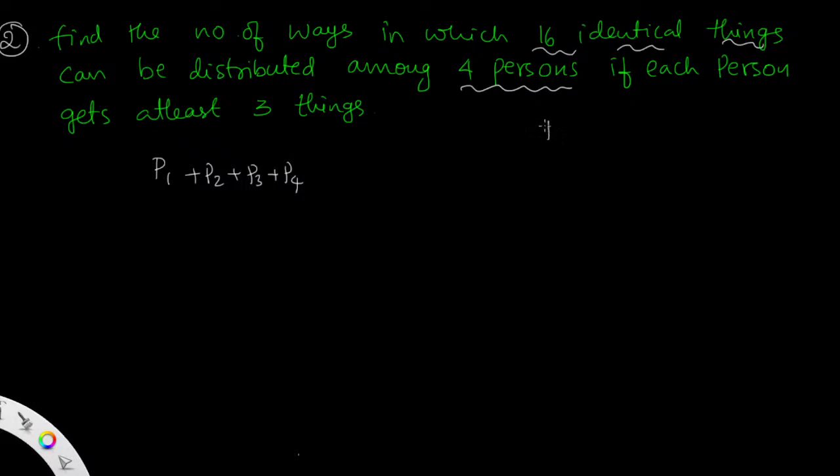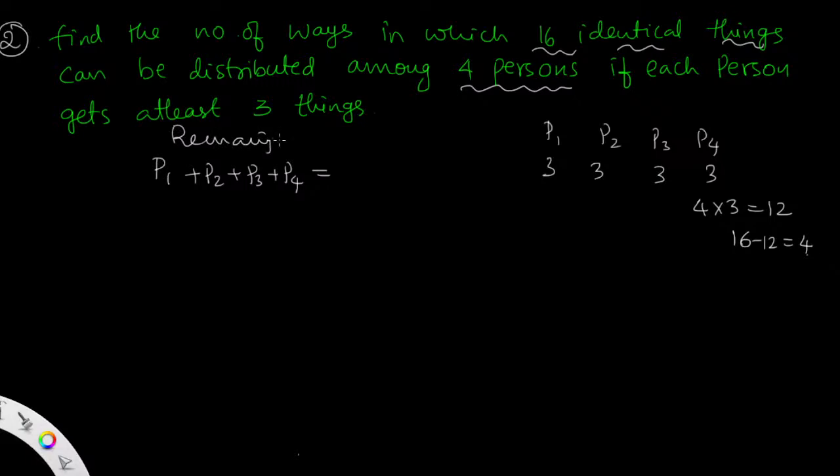Each person gets at least 3, meaning 3 rupees again. The money given is 4 into 3, 12. We have 16. 16 minus 12 is nothing but 4. Therefore, the remaining is equal to 4. Therefore, P1 plus P2 plus P3 plus P4 equal to 4.